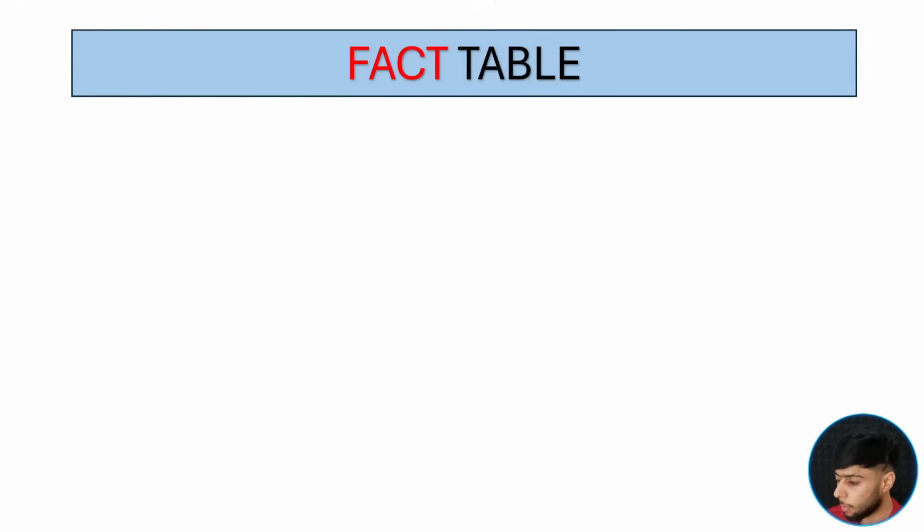Okay, now let's talk about the dimension tables. Dimension tables will be, first of all, the opposite of the fact table. Why? Because in a dimension table, we cannot store any numeric value. By the way, numeric value doesn't mean like 1, 2, 3, 4. Numeric value means the value that we can aggregate. Obviously, keys are also in the form of numbers, but that doesn't mean that is a numeric column.